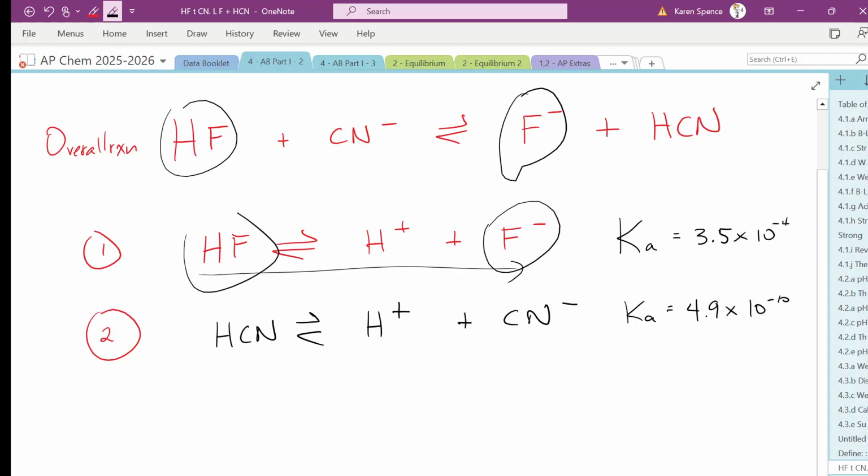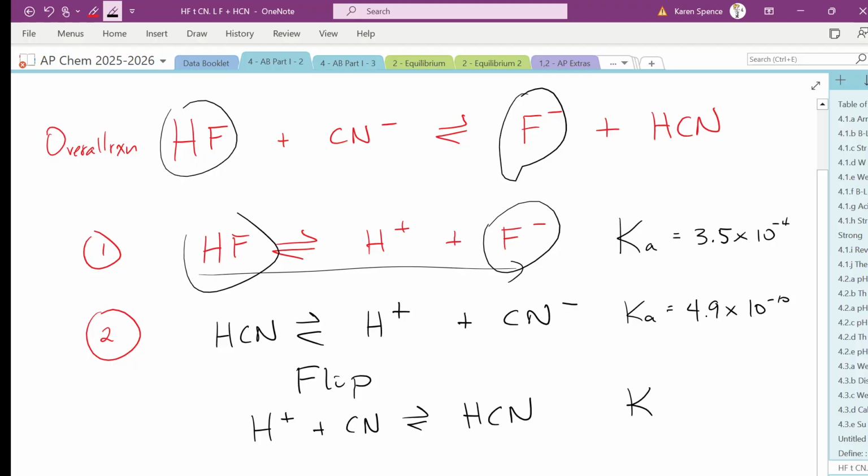However, if I add up these two reactions as is, will they give me the overall reaction? No. What do I have to do with reaction 2? I have to reverse it. I have to flip it. So we're going to flip this. And when we flip it, what happens to our K value? It's going to be 1 over, right?